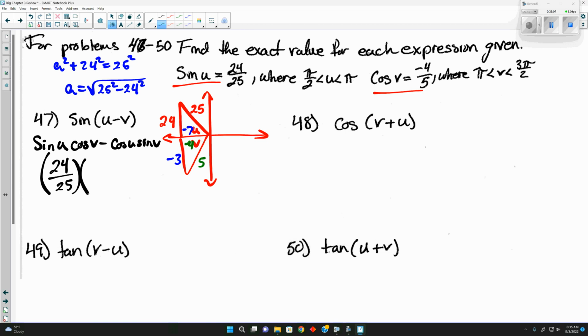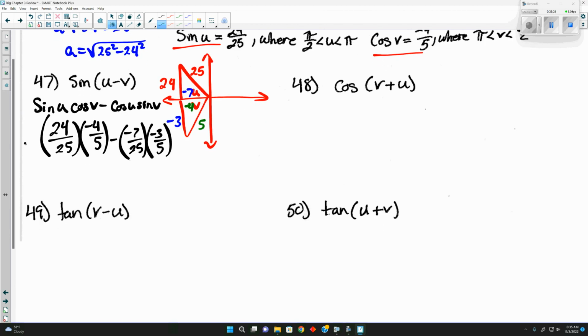Cosine of V, they already told us that is negative 4 over 5, minus cosine of U. So if I look at the chart, it's going to be negative 7 over 25. And sine of V is going to be negative 3 over 5. And at this point, we can plug this into the calculator. We don't have to do this by hand.